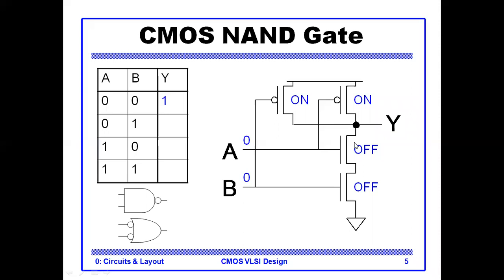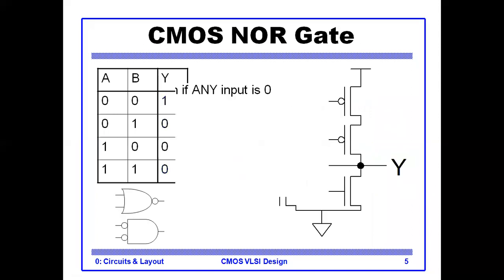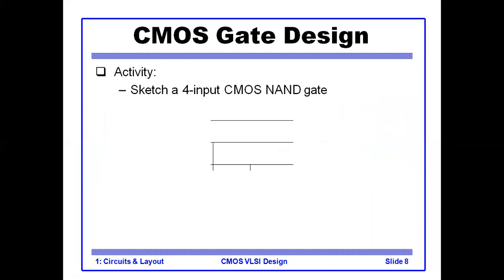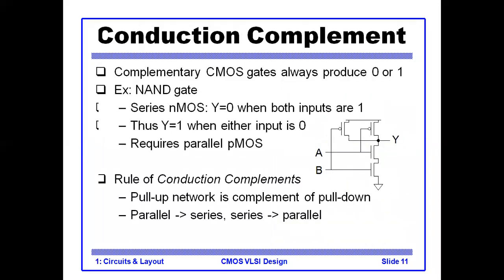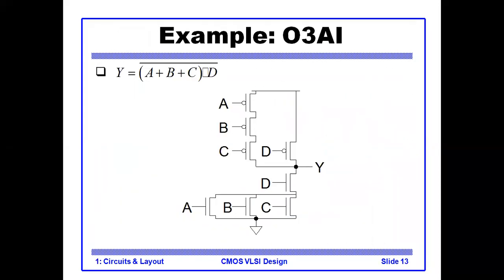In the NMOS it is the opposite. Based on the logic of the two tables, we can easily implement the CMOS NAND gate by following these rules for the PMOS and NMOS. The same rules apply whenever we implement CMOS gate designs, series and parallel.